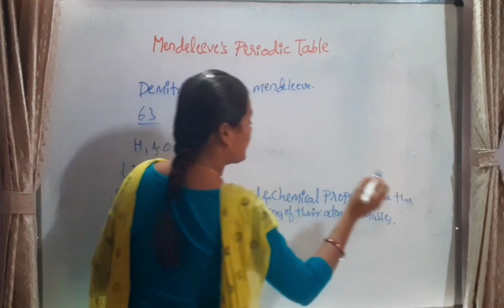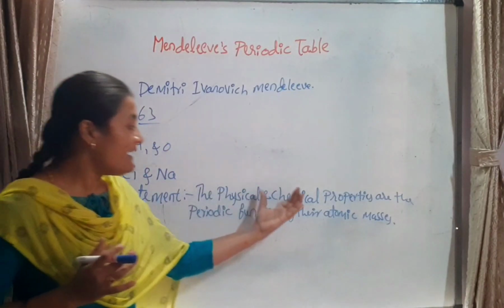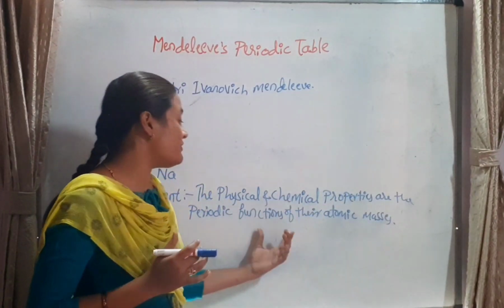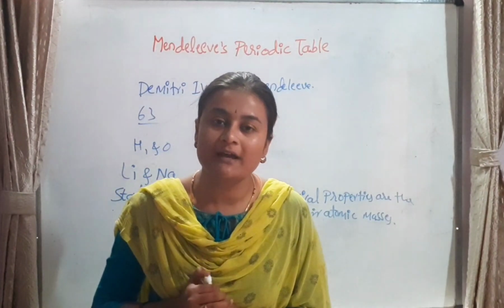This is the statement of Mendeleev's periodic table. That is, the physical and chemical properties are the periodic functions of their atomic masses because he arranged the elements in the increasing order of their atomic masses.